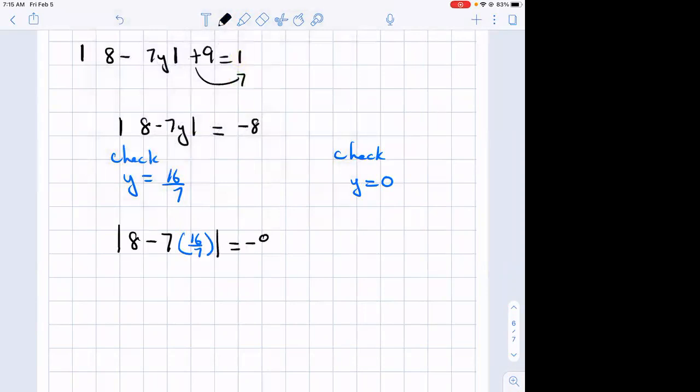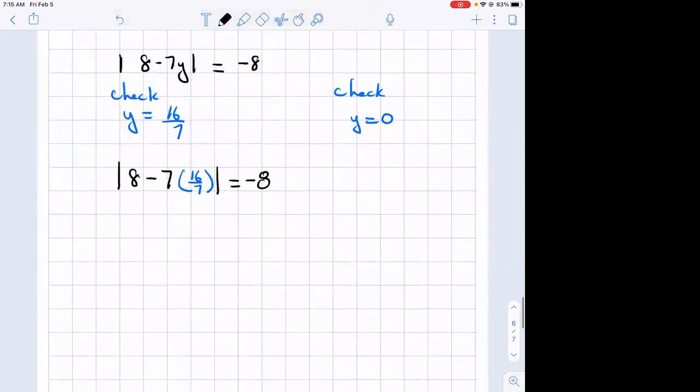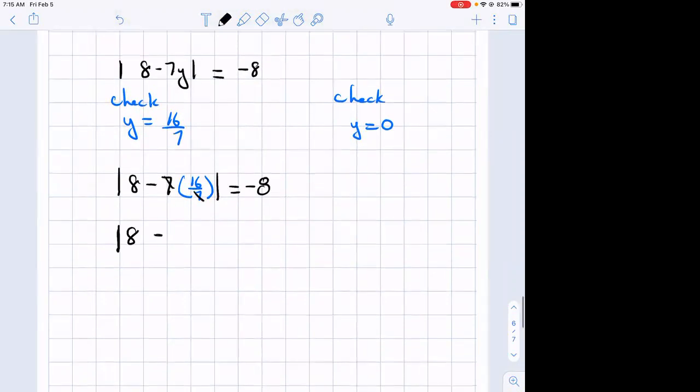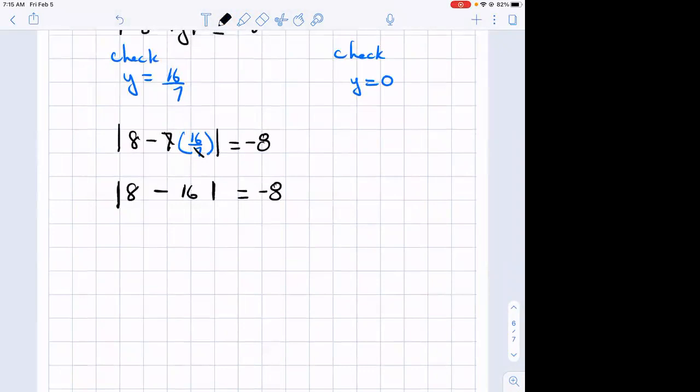That must be equal to minus 8. So simplifying this, you have 8, this negative 7 and that positive 7, it still becomes a negative, but it's 16, and 8 minus 16 is negative 8.